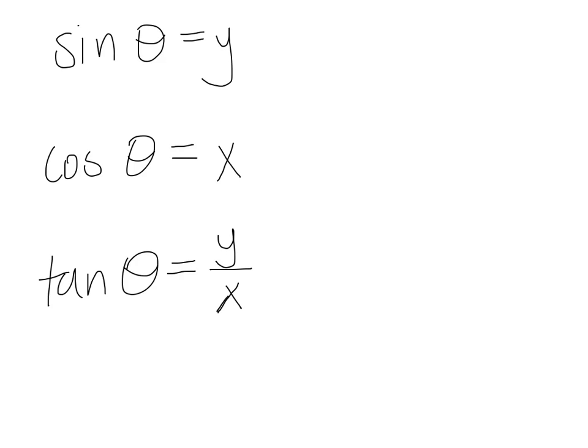The new trig functions are called the cosecant. CSC is for cosecant. If you need to write down cosecant, write it down so you know what it is when you're looking at it. The cosecant is 1 over y.